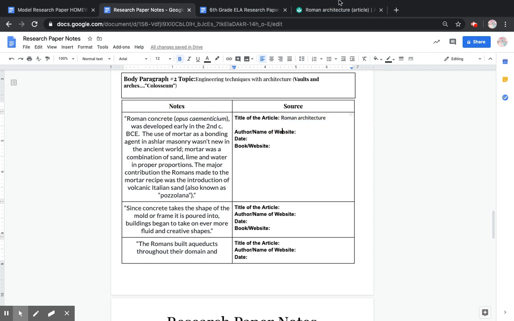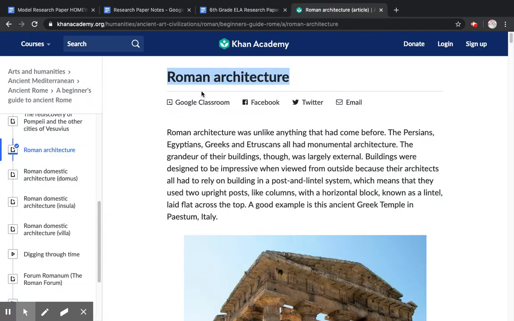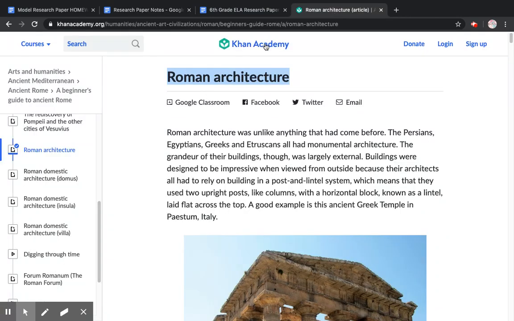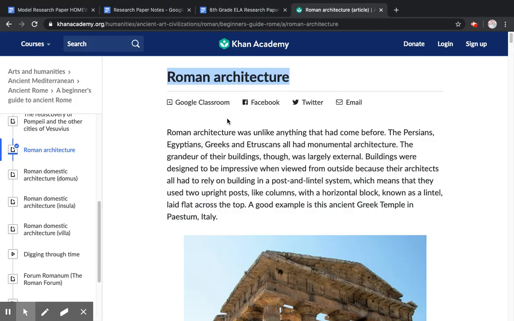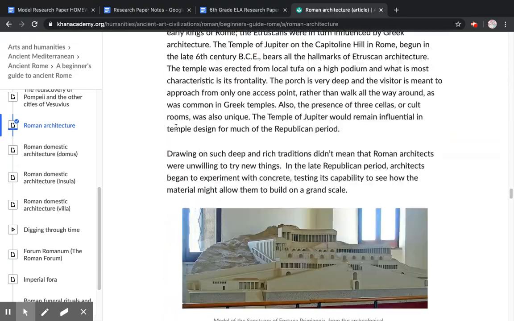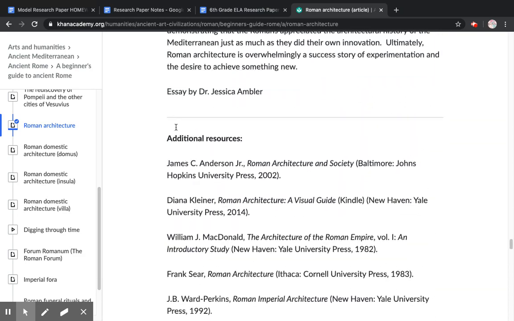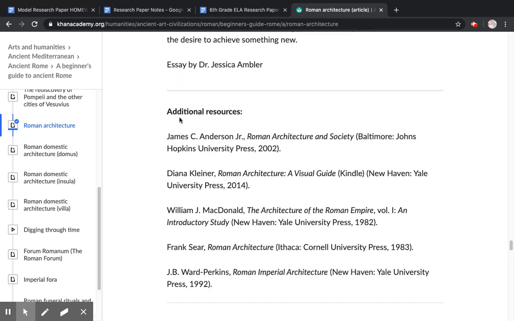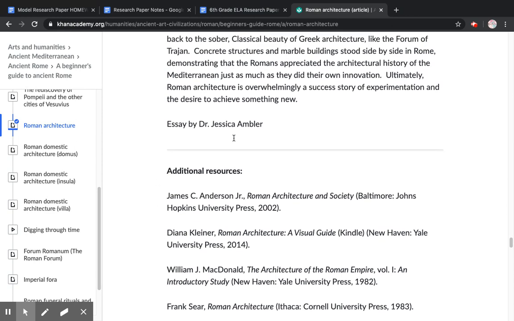So the author name of the website. Now you can see it's not right underneath. For the Khan Academy articles, if you guys bump into these as well, you're going to have to scroll all the way at the bottom, and at the very bottom it is going to mention all the resources that she used, but also say her name.